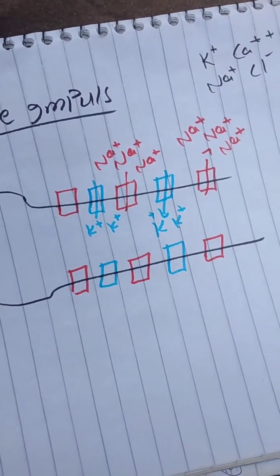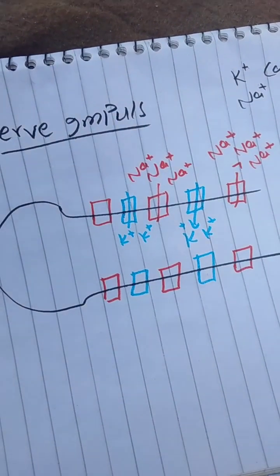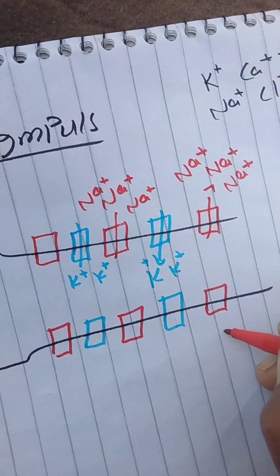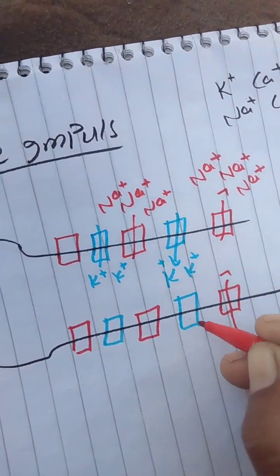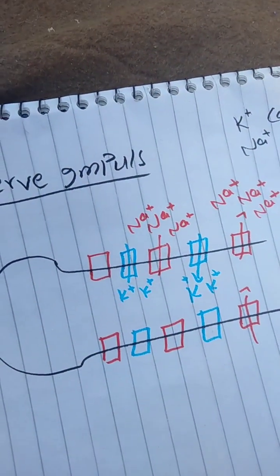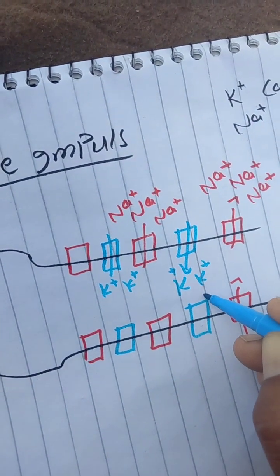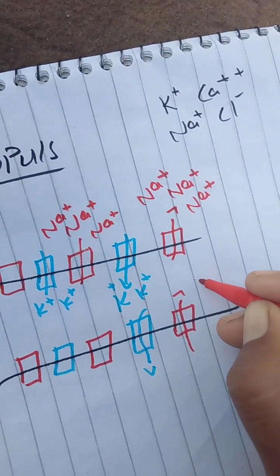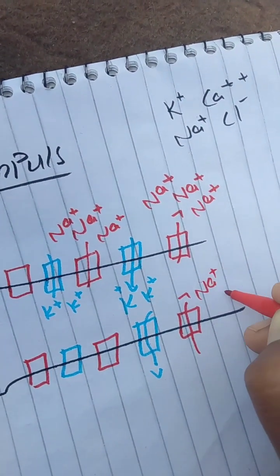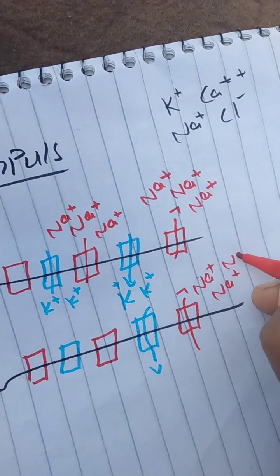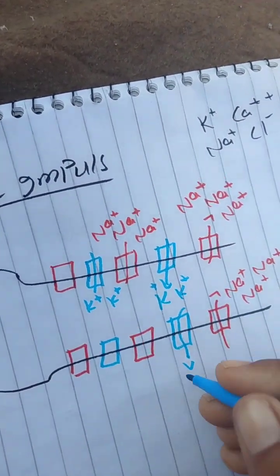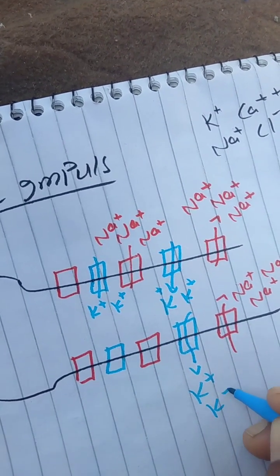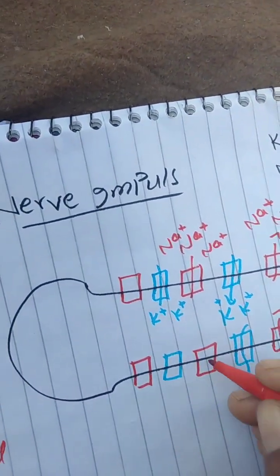When the cell is in active condition, the sodium gate is open and sodium enters into the nerve cell, and potassium goes out of the nerve cell. Three sodium enter at one time, and two potassium go out from the nerve cell, like here.